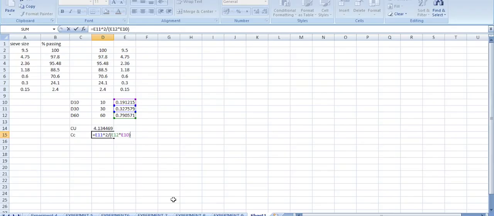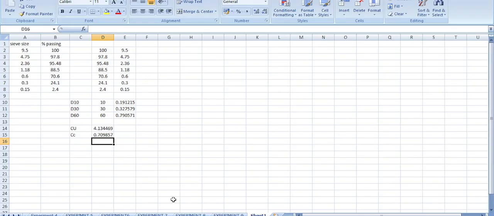So that's your value. So you can see that automatically you have automated this system to calculate D10, D30, and D60 for any type of sieve analysis chart and give you the corresponding CU and CC.